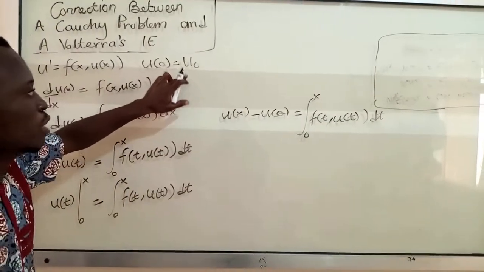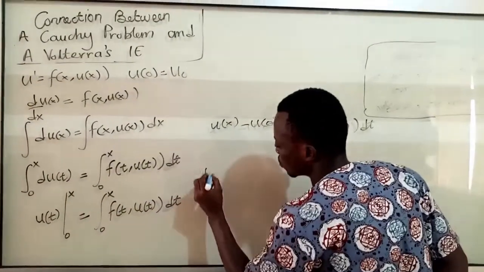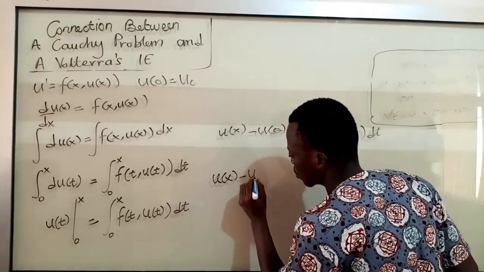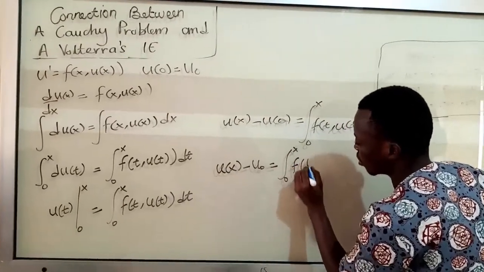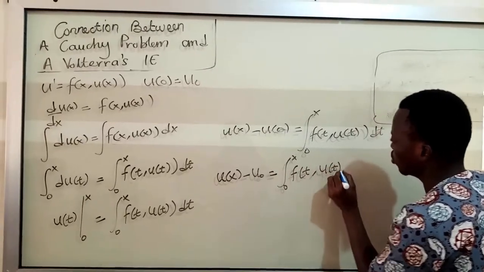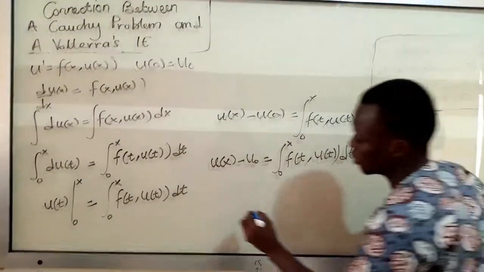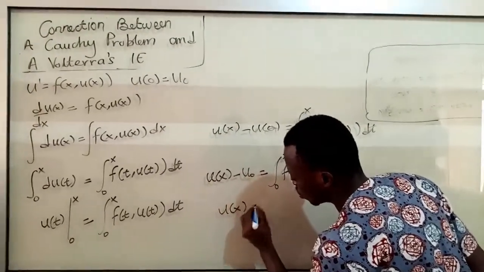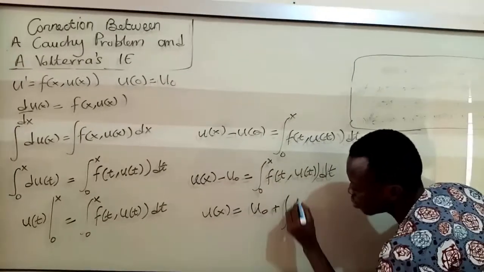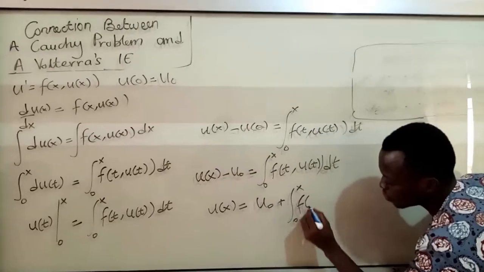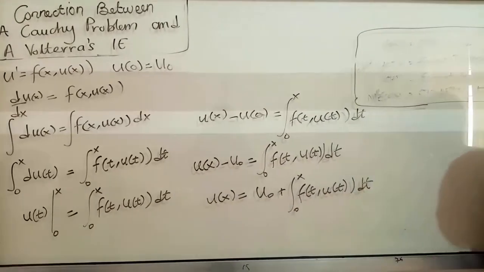Now you substitute u of 0 into this. I'm going to have u of s minus u0 equal to the integral from 0 to s of f of t, u of t dt. Now let's move it to the other side. Now our u of s is equal to u naught plus the integral from 0 to s of f of t, u of t dt.